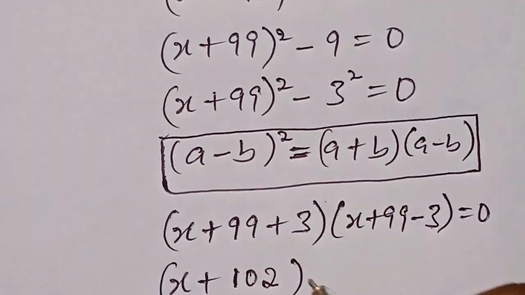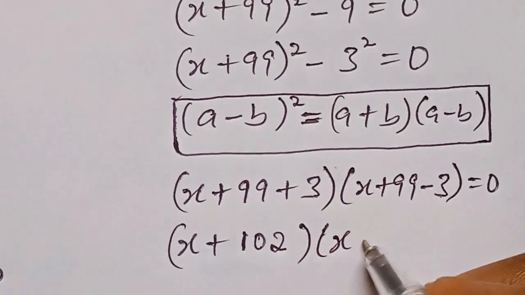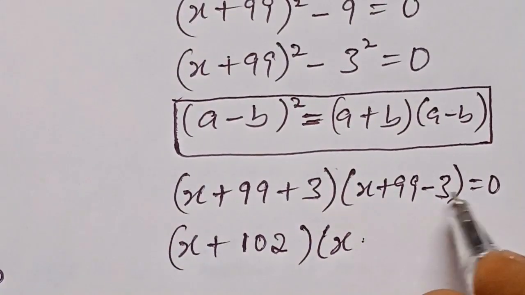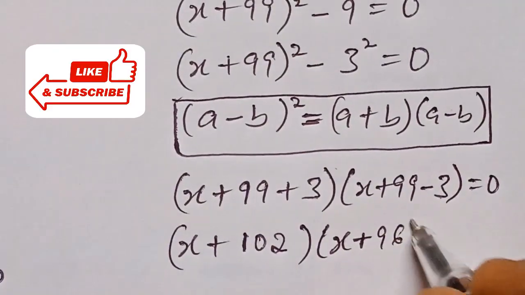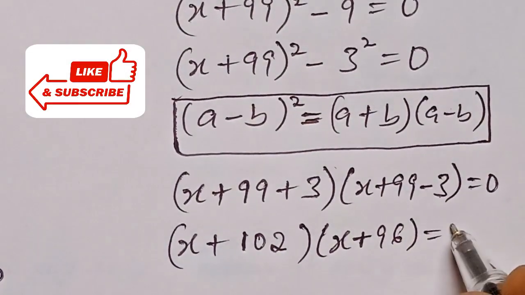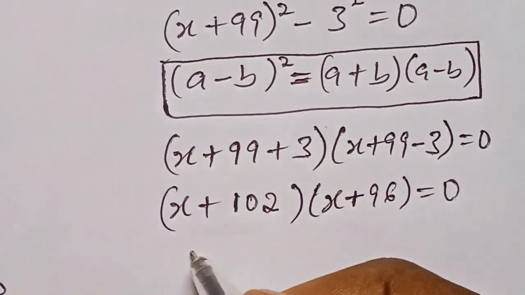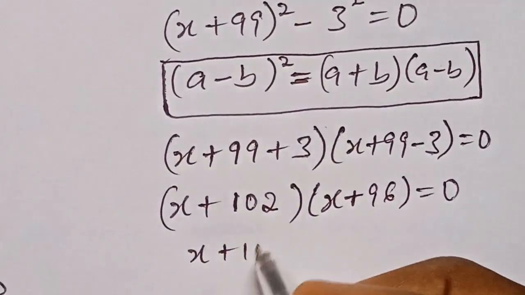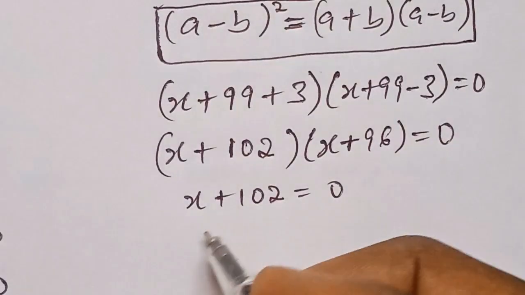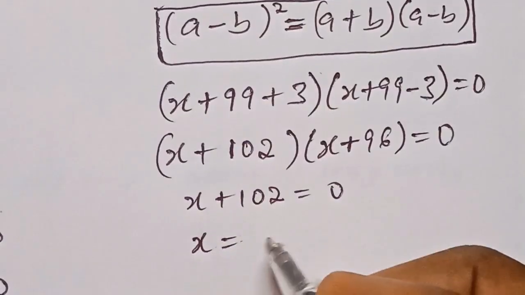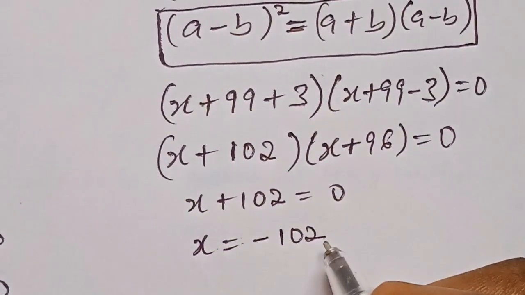X plus 102. Then x plus 99 minus 3 will now give us x plus 96, so (x + 102)(x + 96) equal to 0. So now we have x plus 102 equal to 0, which simply means that x equal to minus 102.